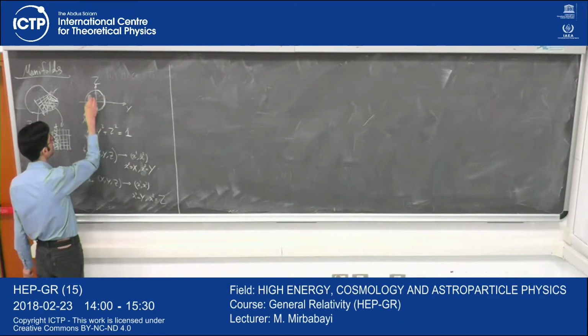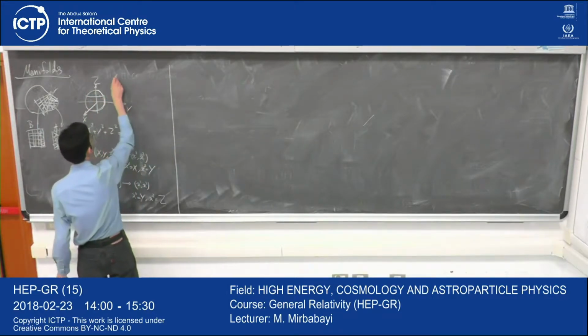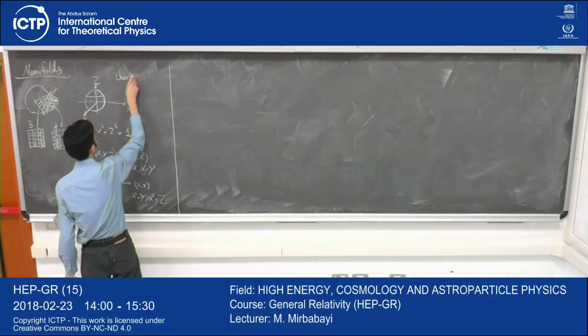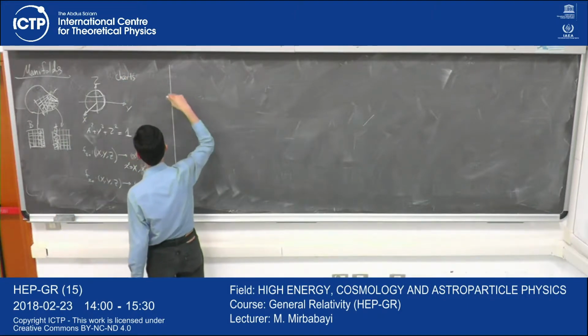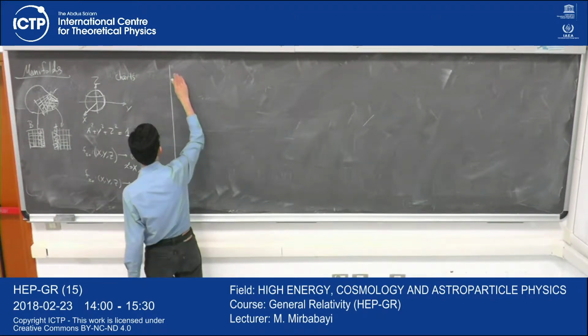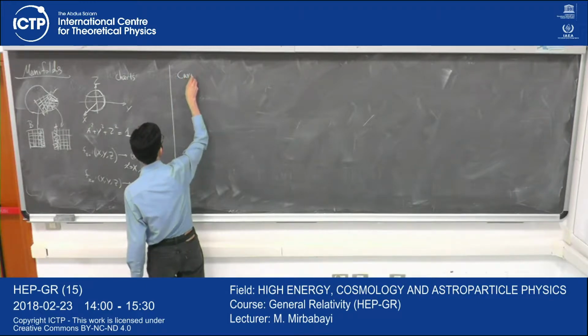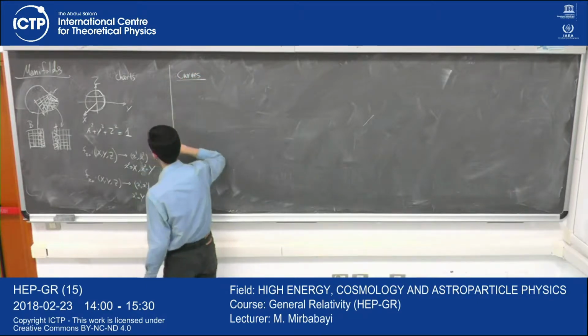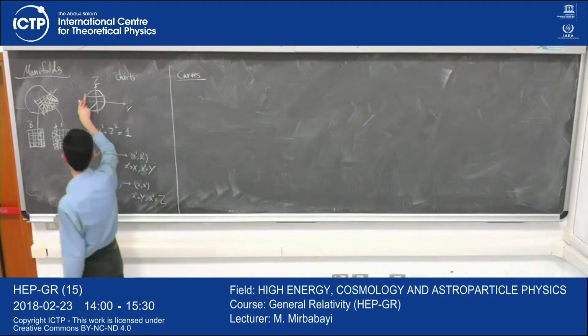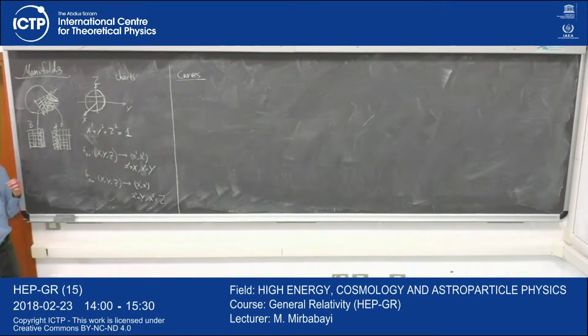There are charts that just identify different points. Then there are curves. The curves are what? They are just a set of points which are connected to each other, forming something like a line at every point.